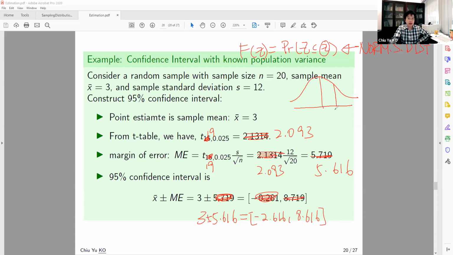You give me the Z value, I give you the probability. You go this way, from Z to probability, with norm dist.